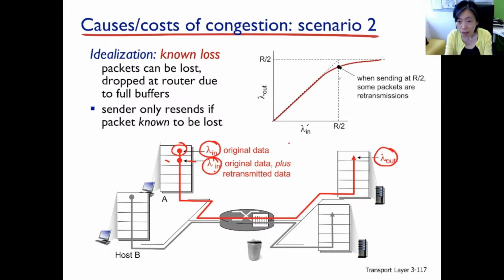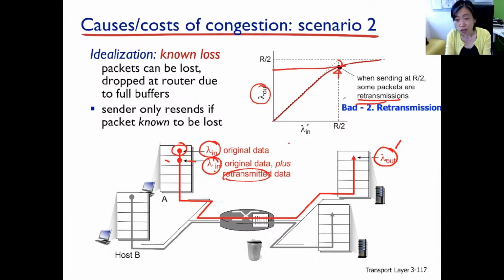So in the end, even though lambda in reaches its capacity, half of R, okay, we don't get exactly half of R out here, because some of this half of R is going to be used for retransmission. So this margin here, unfortunately, is used for retransmission. So the actual amount of data coming out is less than half of R. And you see here, the bad thing, number 2: we have retransmissions when there is congestion here.